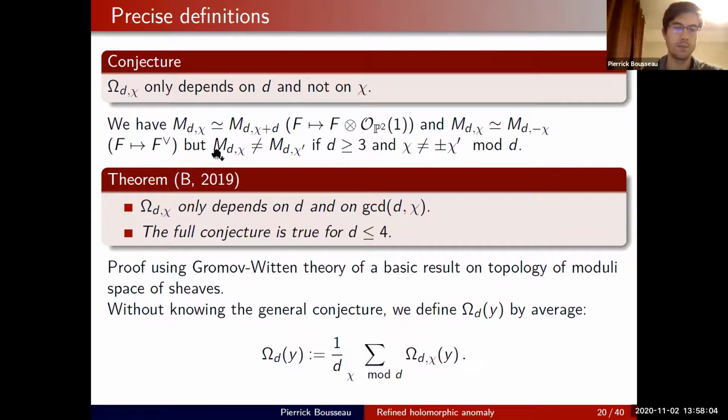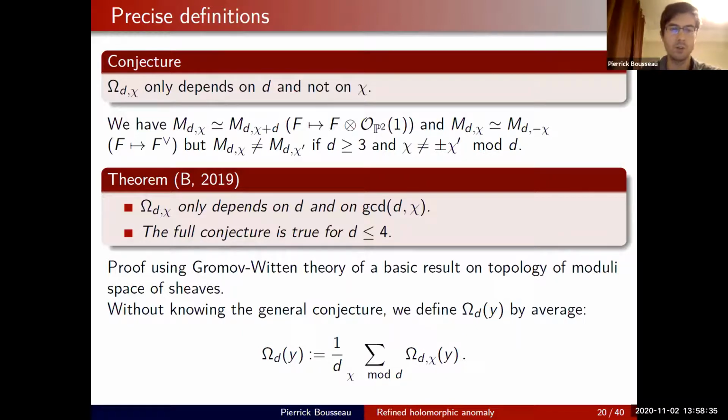And I don't know how to prove this conjecture, but here are some theorems which give a weak version of it, which says that omega_{d,chi} only depends on d and GCD(d,chi). And I claim already this statement is not obvious at all. You can have different chi and chi' such that GCD(d,chi) equals GCD(d,chi'), but still the moduli spaces M_{d,chi} and M_{d,chi'} are just not isomorphic as algebraic varieties.